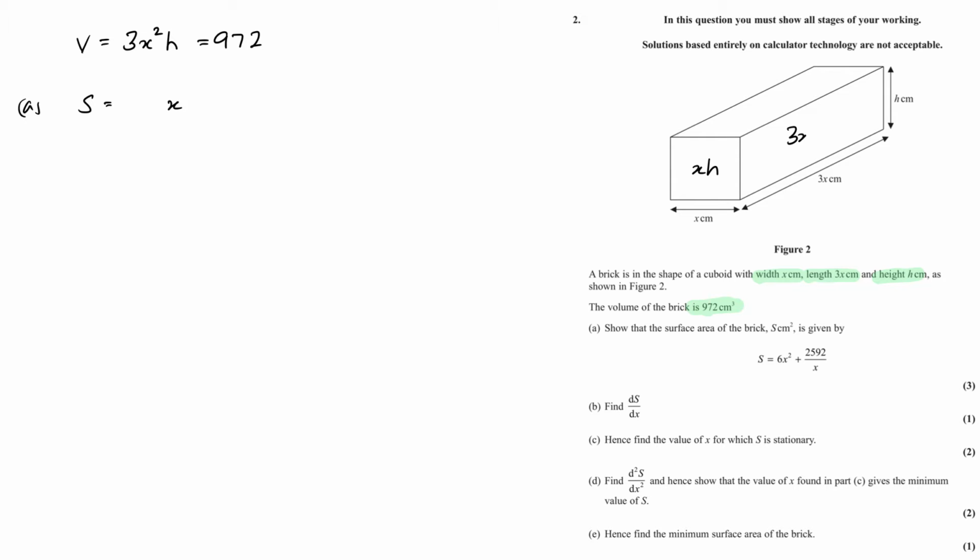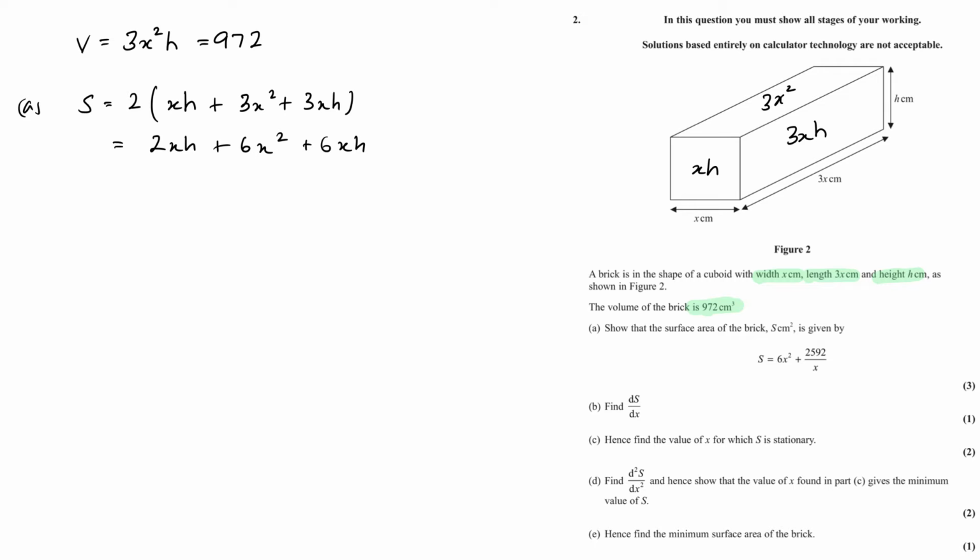This is 3x by h, so 3xh. And this top one is x by 3x, so 3x squared. So those are my faces. And I'm going to have 2 lots of each. So 2 times xh plus 3x squared plus 3xh. So expanding this is 2xh plus 6x squared plus 6xh.